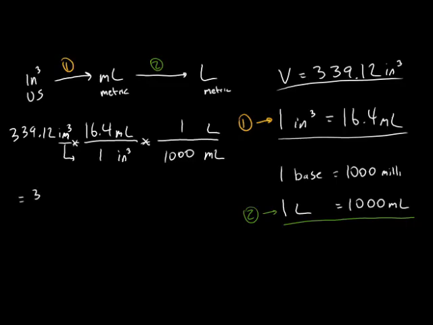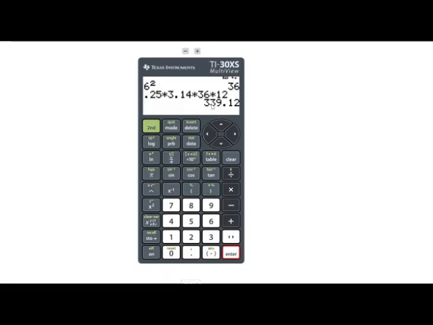Our operation then will be 339.12 multiplied by 16.4. We'll skip the division by 1 and the multiplication by 1 and go straight to dividing by 1,000. Let's now enter this in the calculator. With 339.12 already entered, we multiply by 16.4 and divide by 1,000.